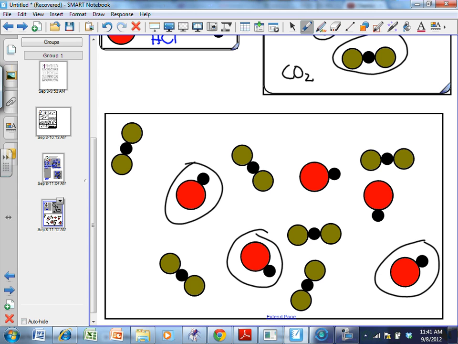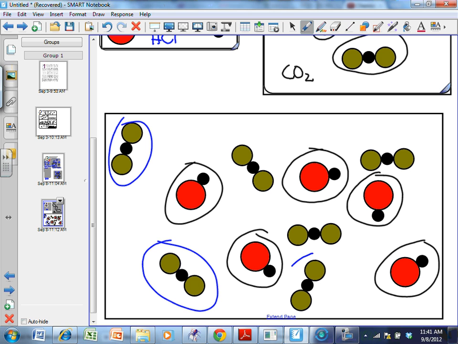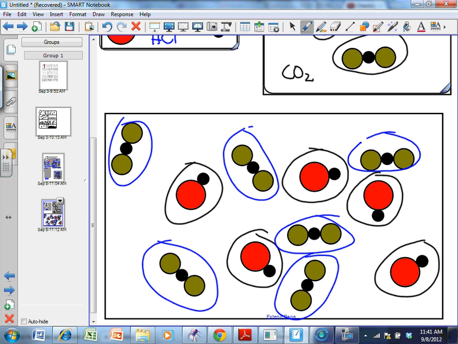It's a mixture of substances. The HCl gas has mixed with the CO2 gas. They haven't done a chemical change. A chemical change would mean the HCl and the CO2 would have altered. So if you mix these two substances and they don't interact with one another, then they just mix.